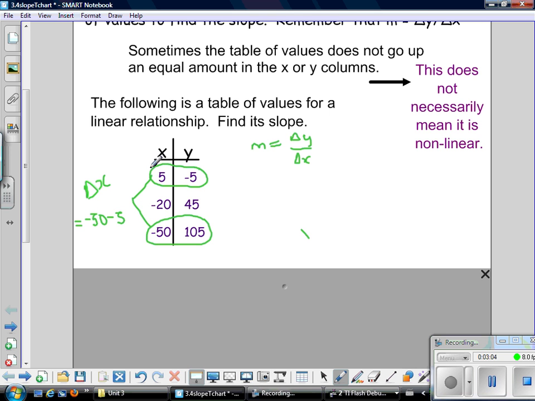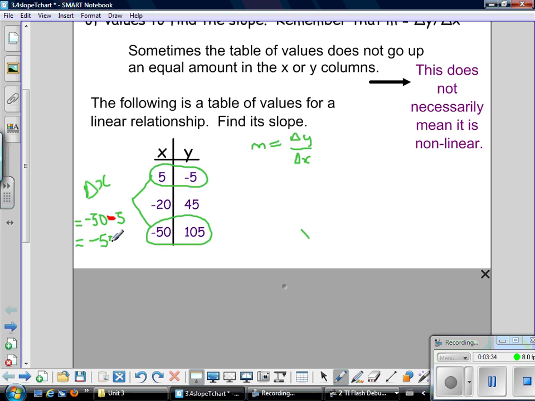So I'm taking my two points and calculating the change in x. I'm going to put in the subtraction so you can see the pattern: negative 50 take away 5. Negative 50 take away 5 is negative 55. Let's just go back here. Equals negative 55.